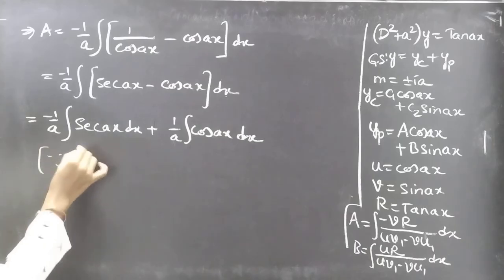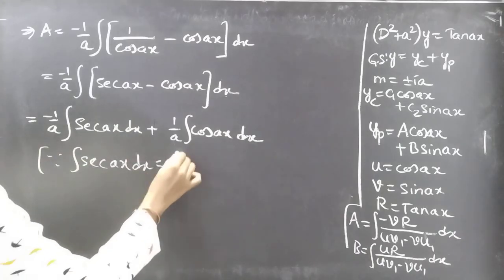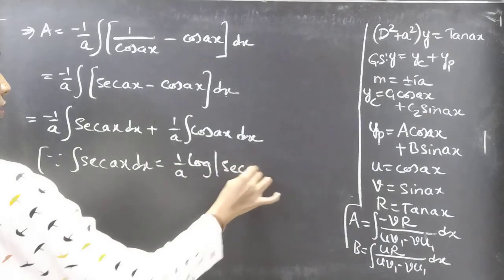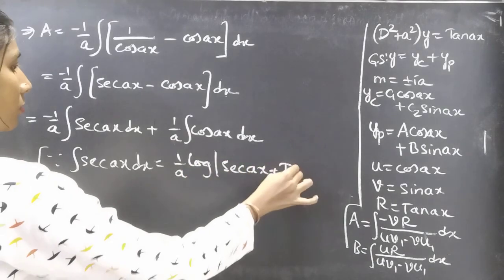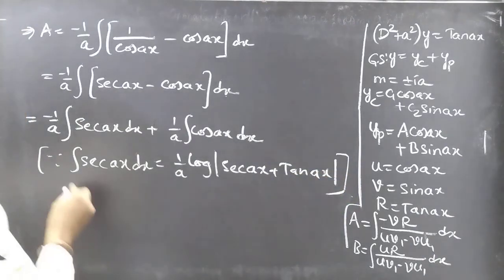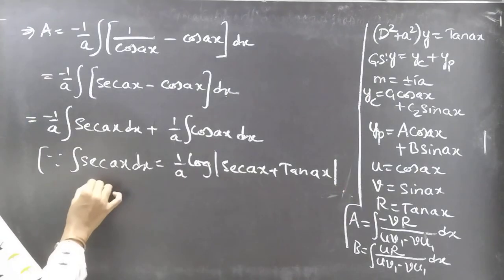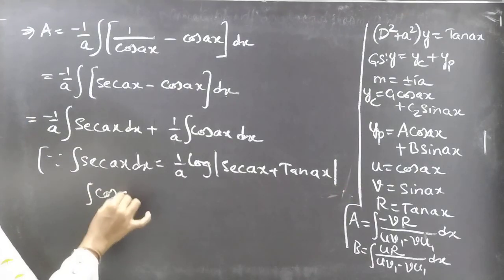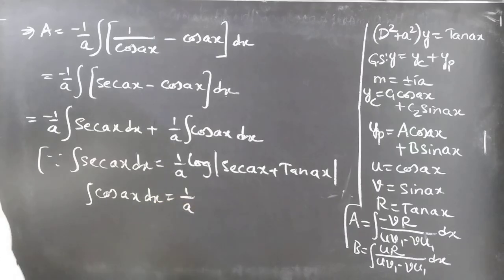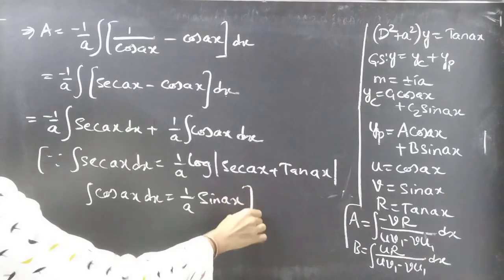Since integral secant ax dx is 1 by a log mod secant ax plus tan ax plus integral constant, and integral cos ax dx is 1 by a sine ax plus integral constant.